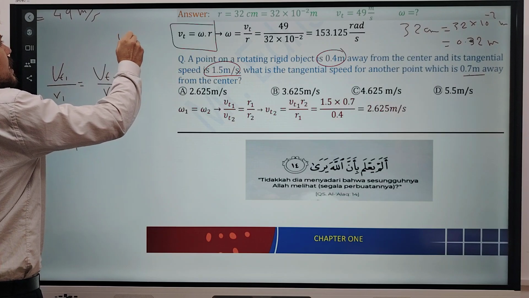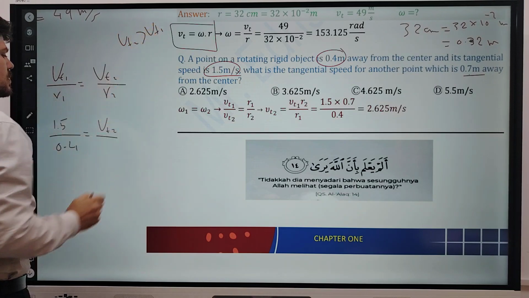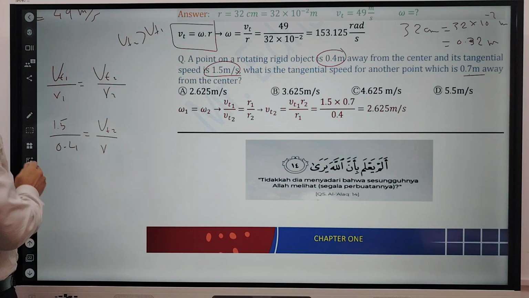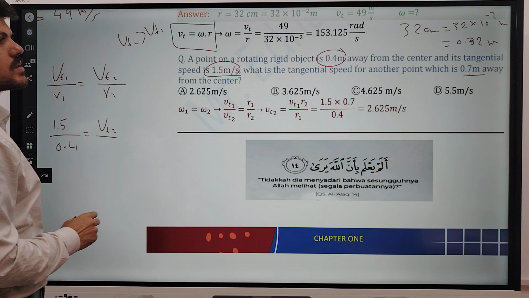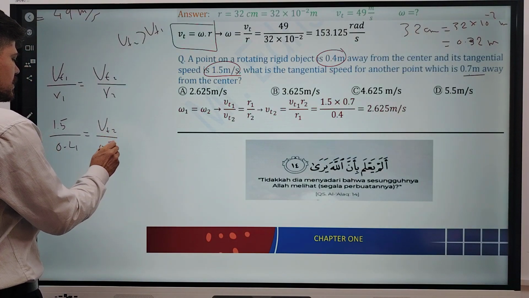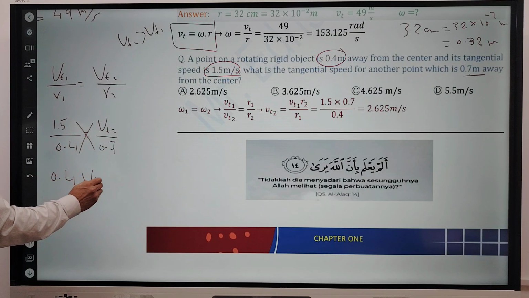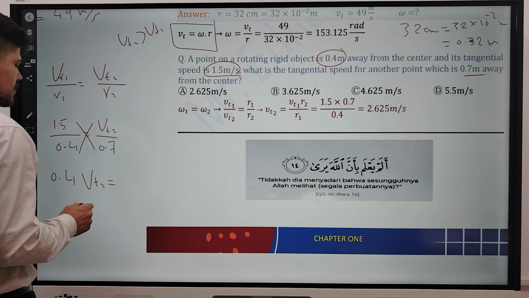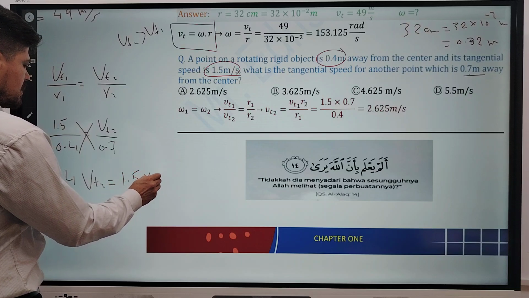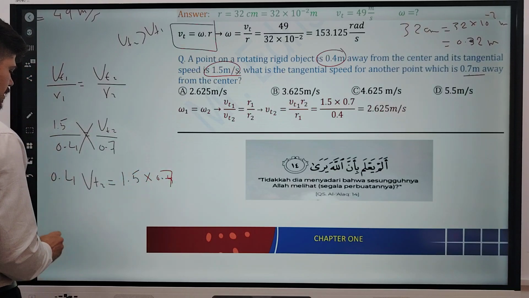It should be bigger than Vt1. Vt1 divided by R1 equals Vt2 divided by R2, which is 0.7. Okay, cross product: Vt2 times 0.4, 0.4 Vt2, equals 1.5 times 0.7.